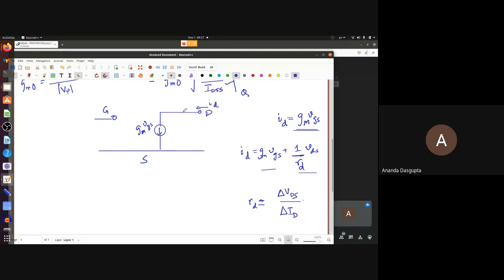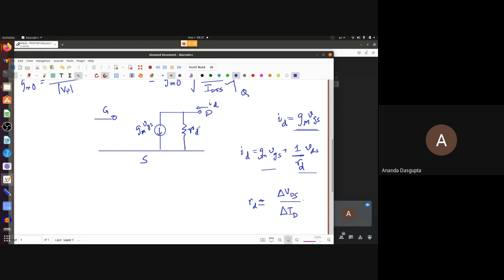So you need two branches which are in parallel, and the other branch is actually just a genuine resistance, right? Because VDS is the voltage between these two points, and you are saying that the other branch is going to carry a current of VDS by RD, so that the total current coming in will be a sum of these two. So this is just modeled by resistance RD.